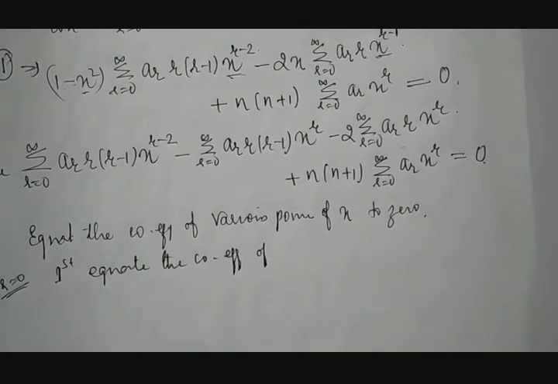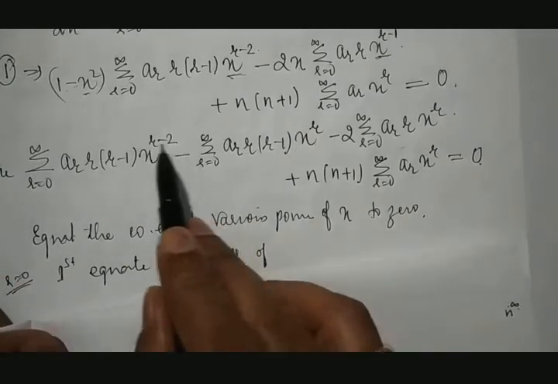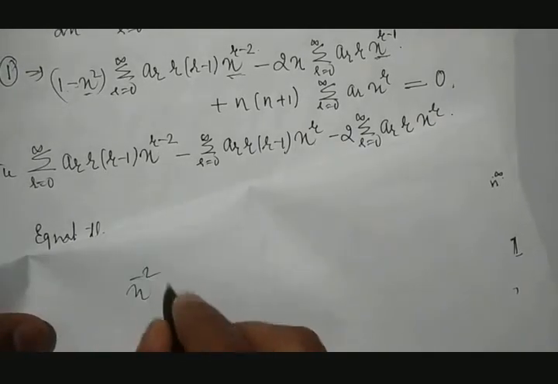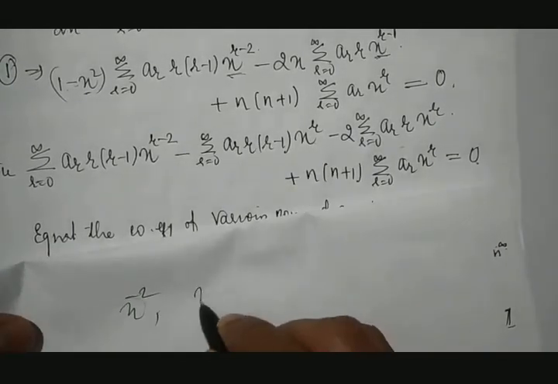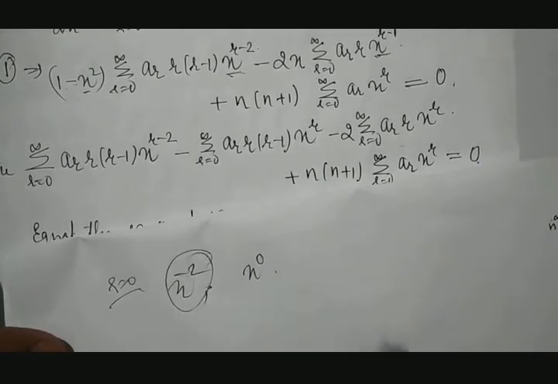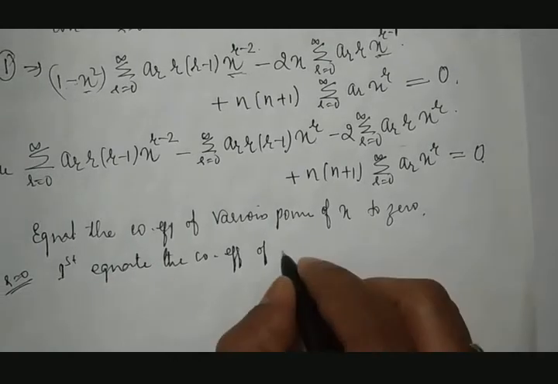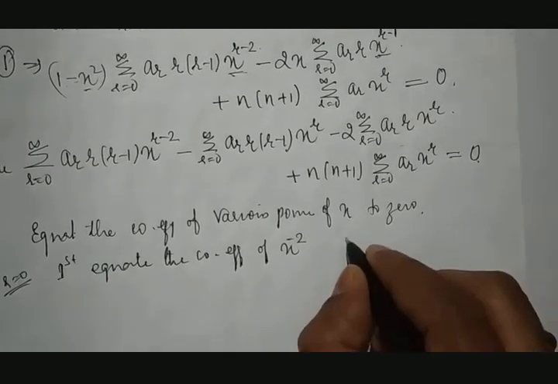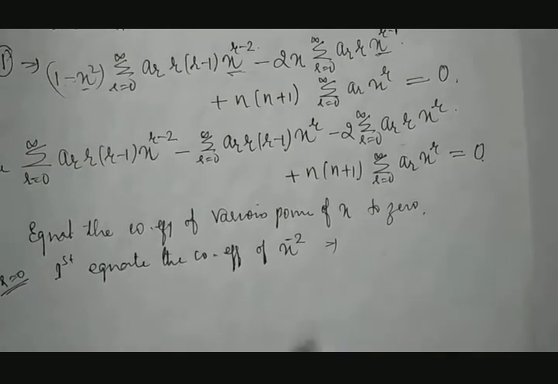So in this case we get x^(-2) and in the other case we get x^0 if you put r equal to 0. So x^(-2) will be the least one, and we take x^(-2).